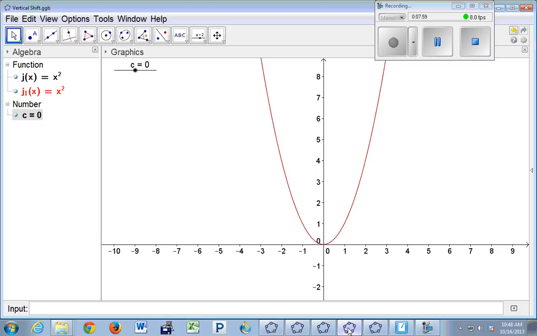And notice j of x is my original function. My new function I'm going to call j sub 1. That's my offspring. Those are my kids. Okay, here are the parents, and now we're going to start getting some variations of the parent function, the offspring, the transformed function. So notice when c is 0, when I add nothing to this, I have the same function, so the picture is exactly the same.